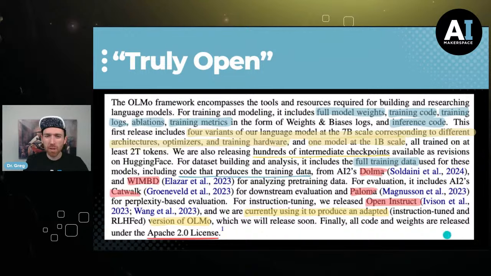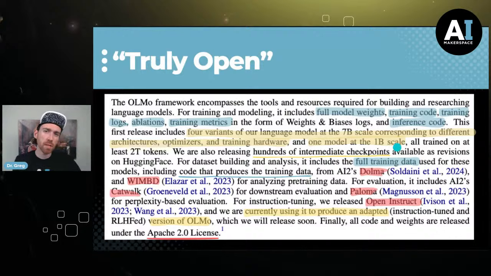What does this mean? Well, it means we've got all the model weights, we've got the training code, we've got the training logs, ablations, metrics, and we even have the inference code. So they built 4 variants at the 7 billion scale, and they used different architectures, optimizers, and training hardware. They also built one at the 1 billion parameter scale.